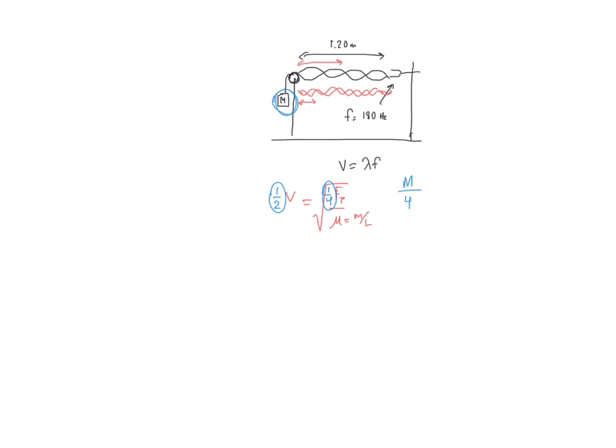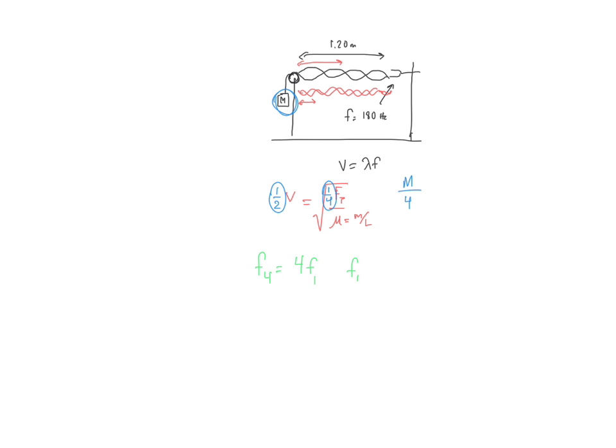And then finally, for part E, determine what frequency tuning fork should be used in place of the 180 hertz tuning fork in order to vibrate the string in its third harmonic. But right now, because there's 4 loops, it is vibrating in its fourth harmonic, because the harmonic matches the number of antinodes, which is the number of loops. So we can figure out first what the fundamental frequency is, because the fourth harmonic would just be equal to 4 times that fundamental frequency.